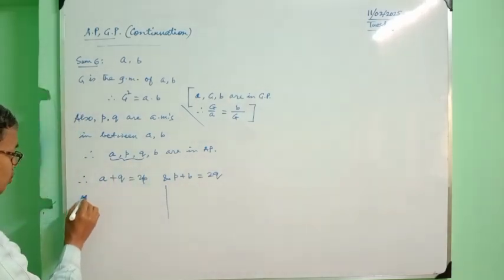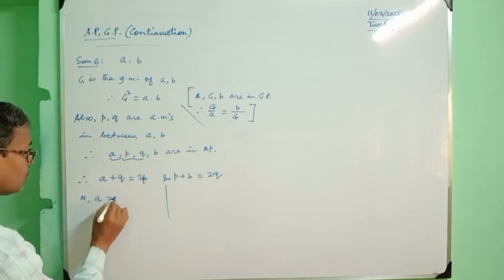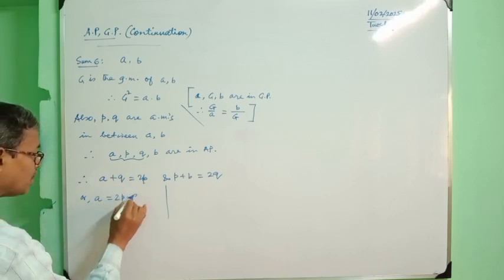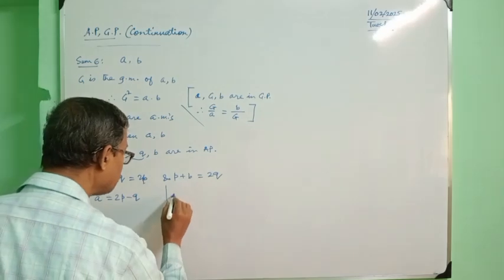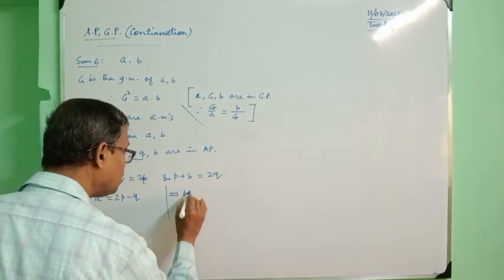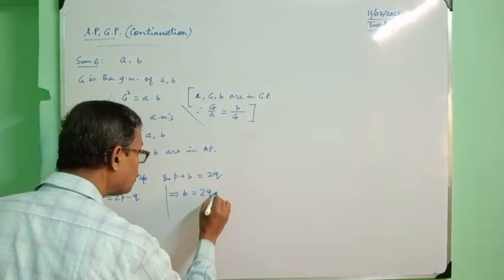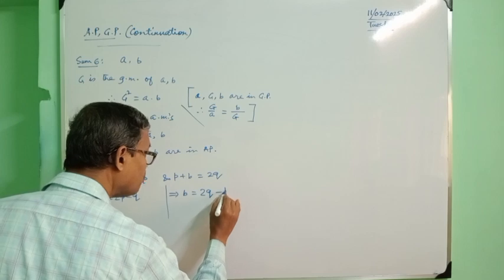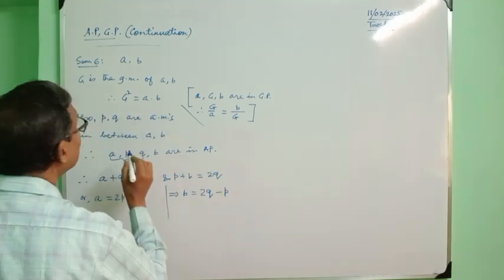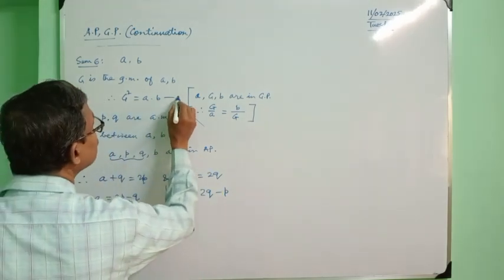From this we get A is equal to 2P minus Q, and from this B is equal to 2Q minus P. I call this relation as 1.